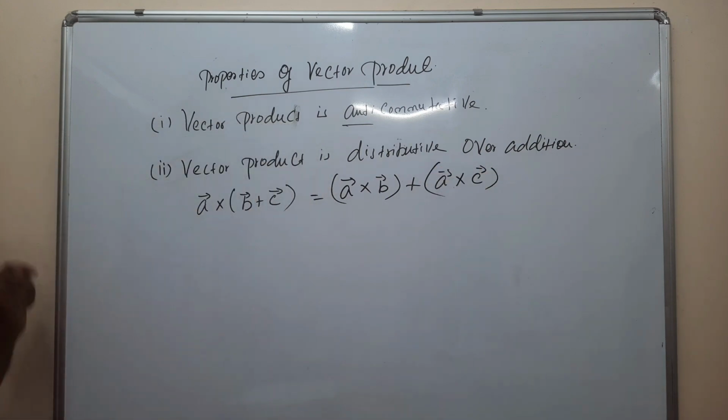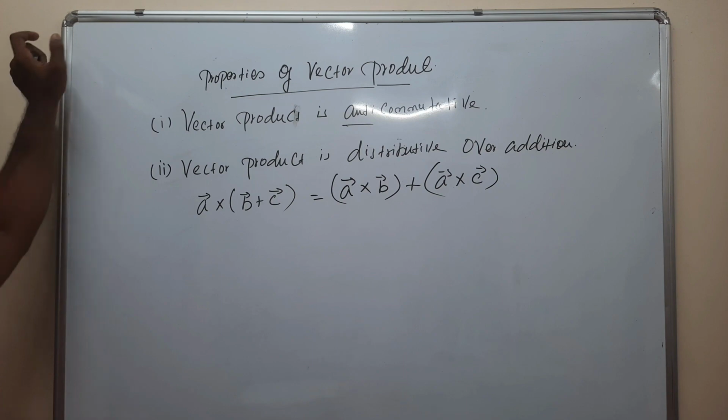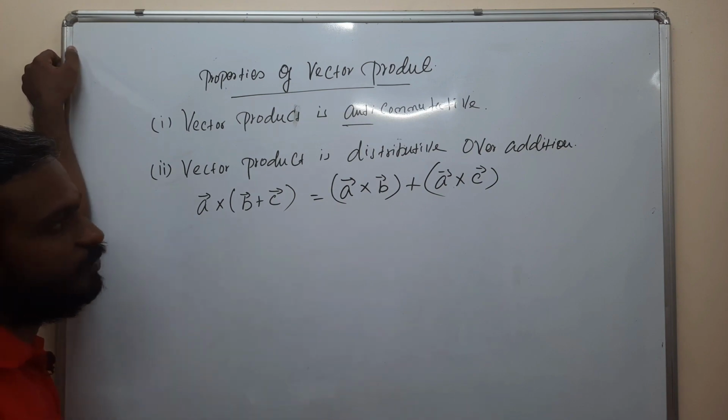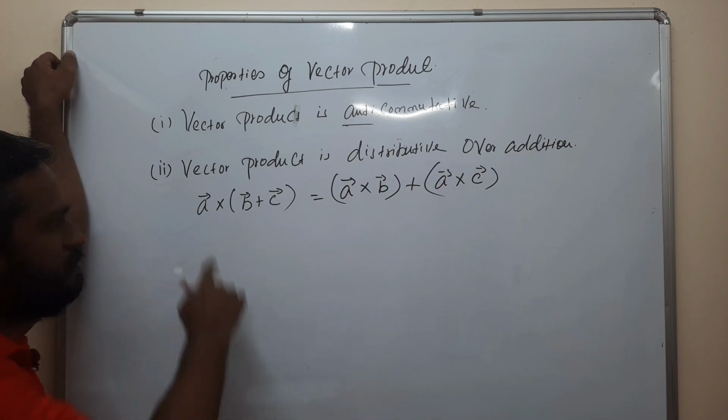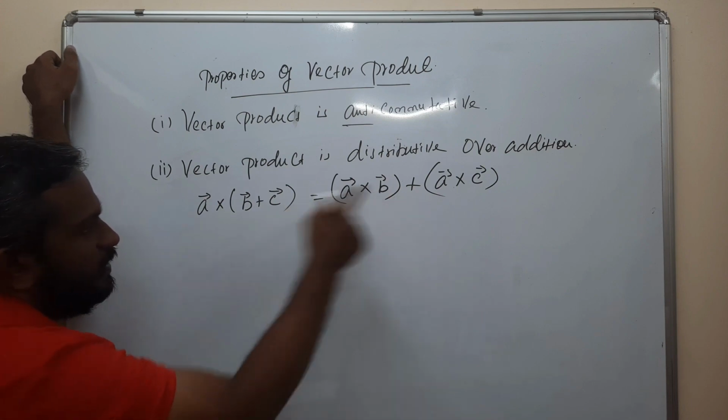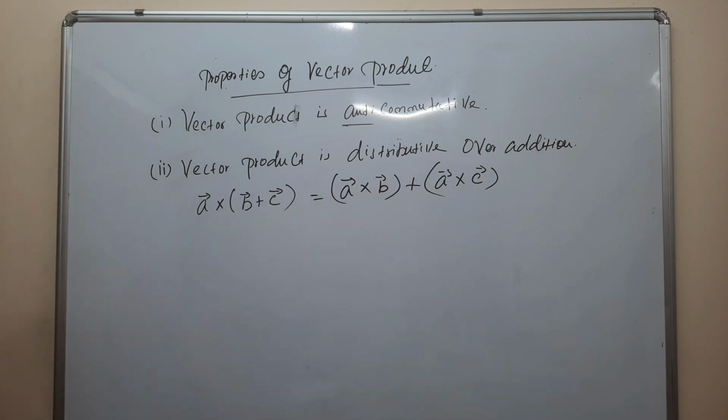So this is the property that vector product is distributive over addition.